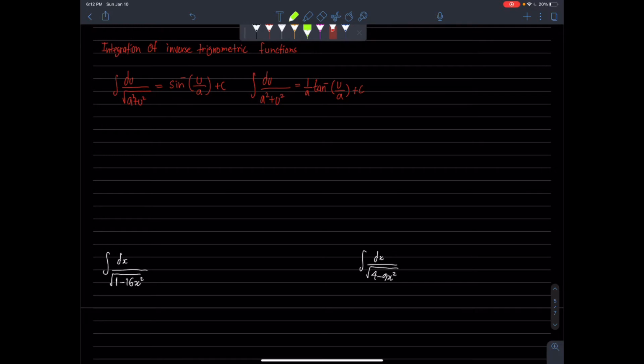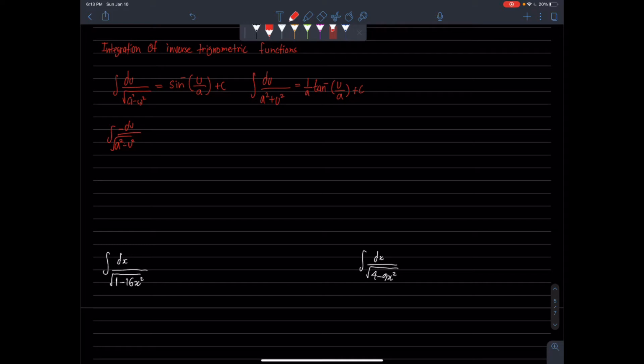Now, there's more, and I'm going to show you them right now. So the cos one, right? If you see this over root a squared minus u squared, well, actually, this should be minus. So 1 minus. Right?